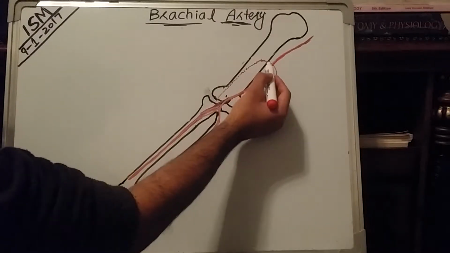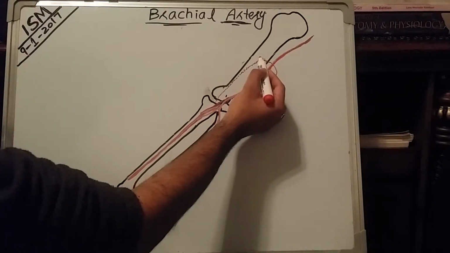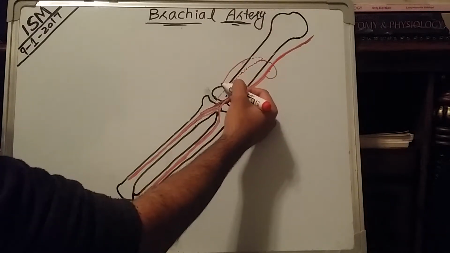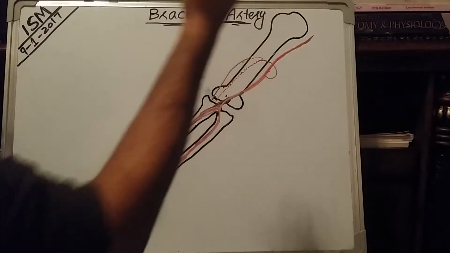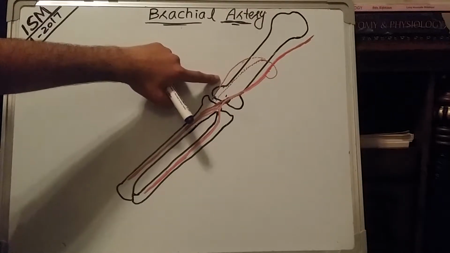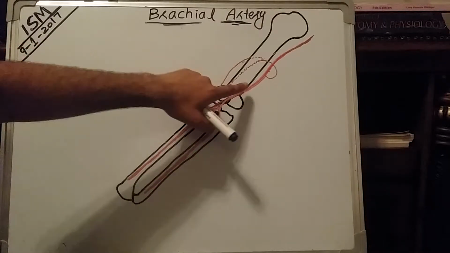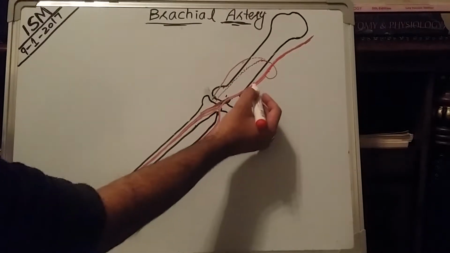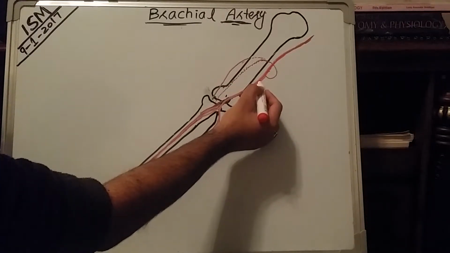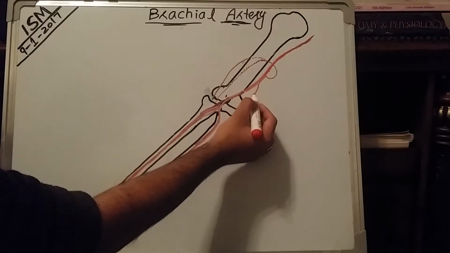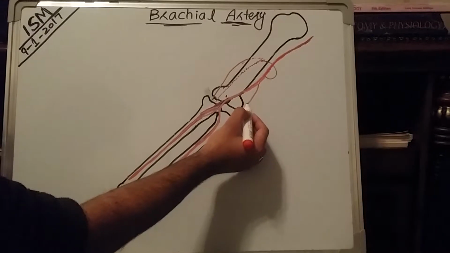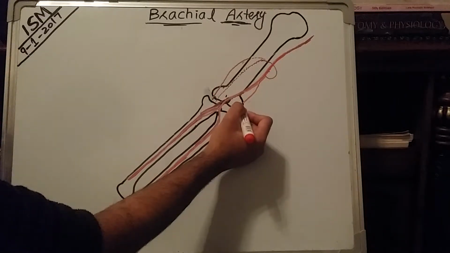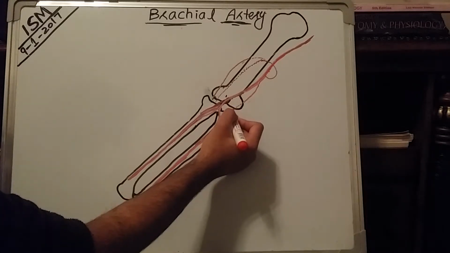The other artery which originates from the back side comes on the front side. This is known as the radial collateral artery, and this one is the medial collateral artery. After that another group of artery originates from the upper side and crosses behind the epicondyle, coming in front.